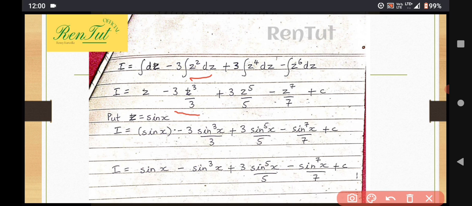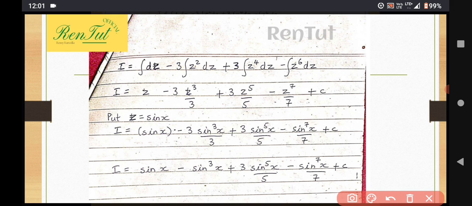Now plus 3 into z raised to 4 will become z raised to 4 plus 1, and the denominator would be 4 plus 1, so z raised to 5 divided by 5. Then we bring the minus sign down, and z raised to 6 plus 1, with 6 plus 1 in the denominator, and you have to put the constant c.